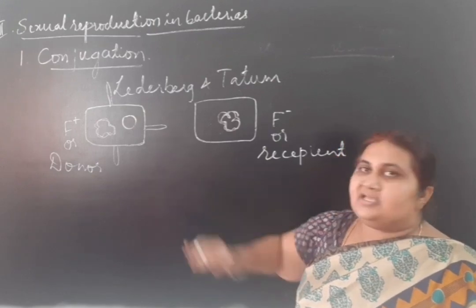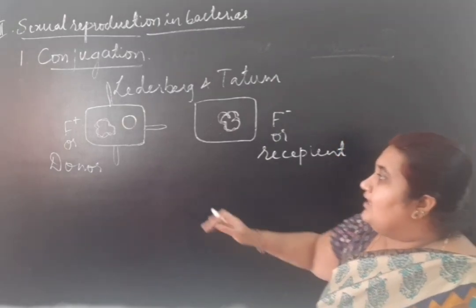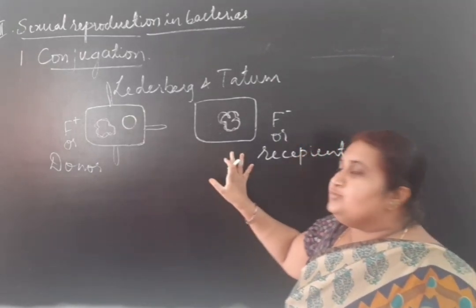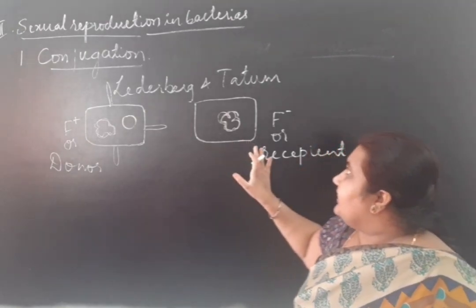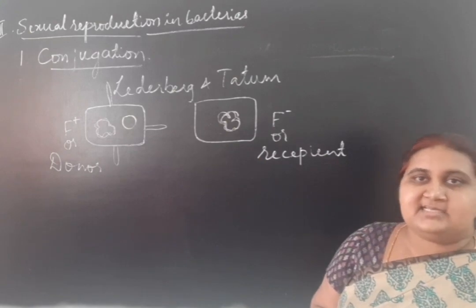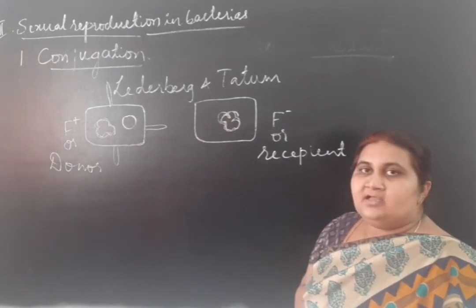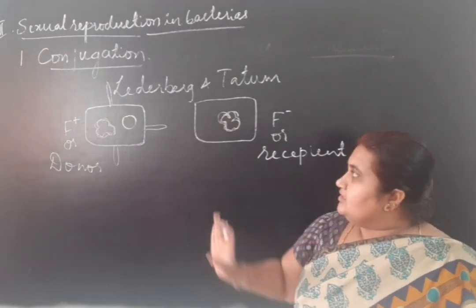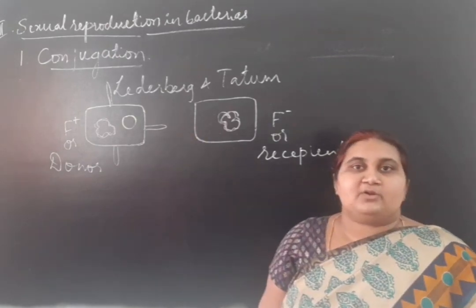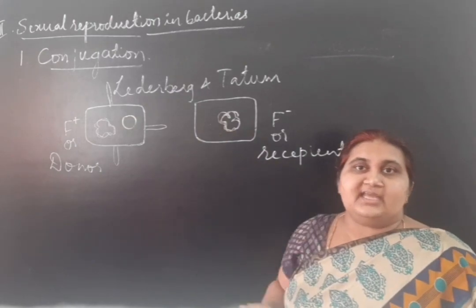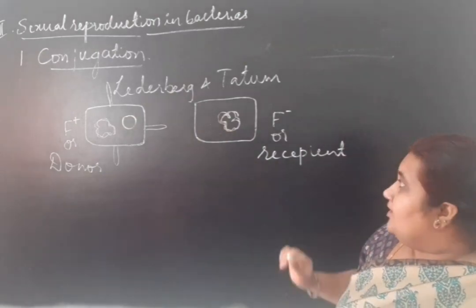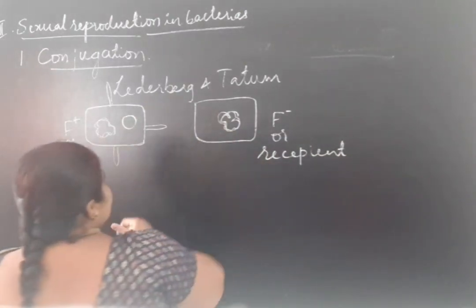Okay. So in the case of conjugation, there is the involvement of two forms of bacteria. One is called F plus and another is called F minus bacterium. Whenever these two forms of bacteria come close to each other, yes, F minus comes close to the F plus bacterium.